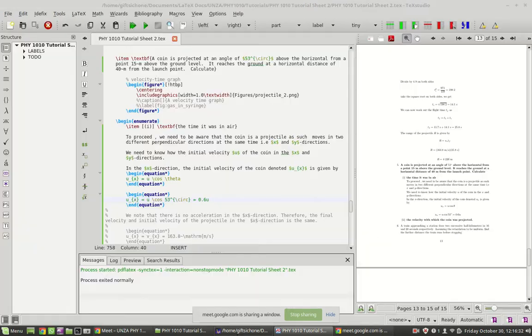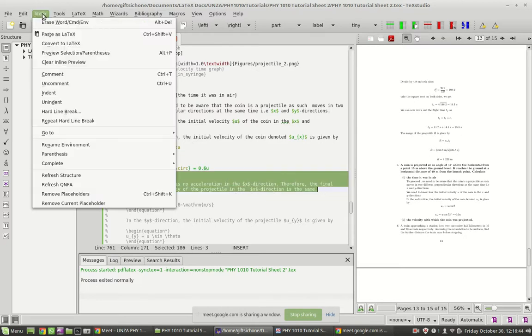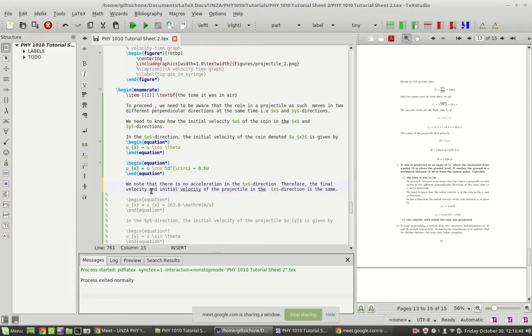Also, we have to remember, as we did last time, that since there is no acceleration in the x direction, the final velocity and initial velocity of the coin in the x direction are the same.